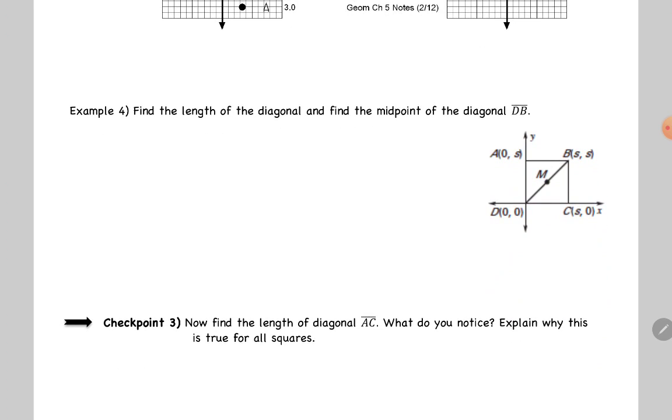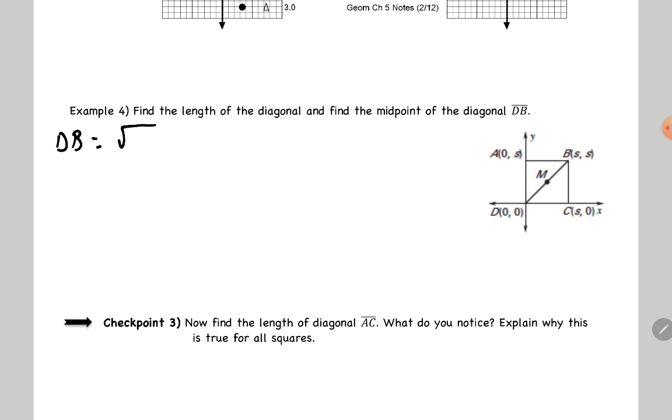Find the length of the diagonal and find the midpoint of the diagonal DB. Okay? So they give us variables for our coordinates. But we're still going to do the same thing here. So we want to find the length of the diagonal. So let's look for the length of DB.